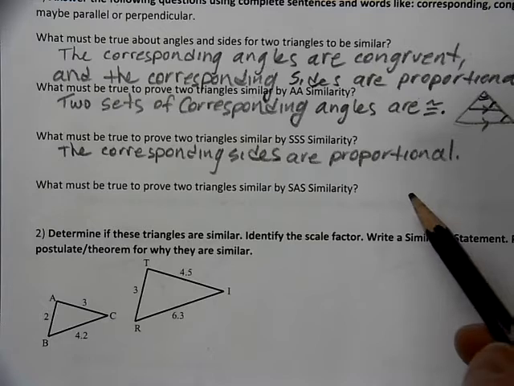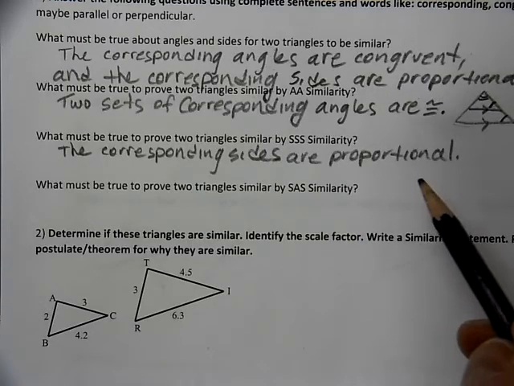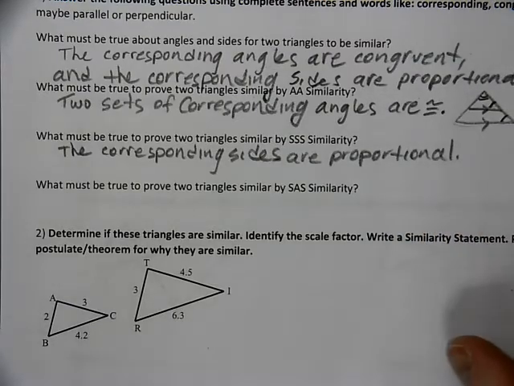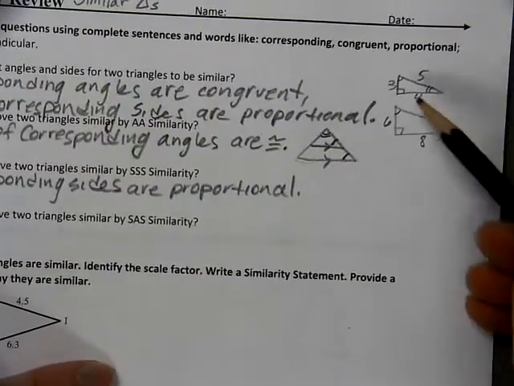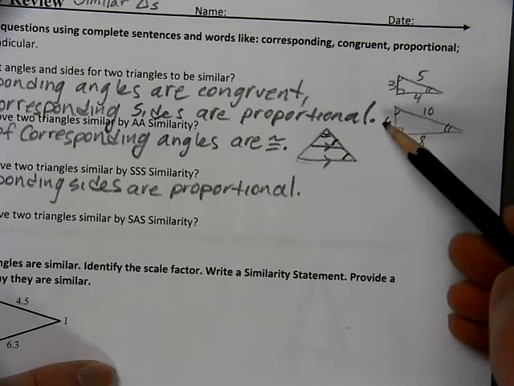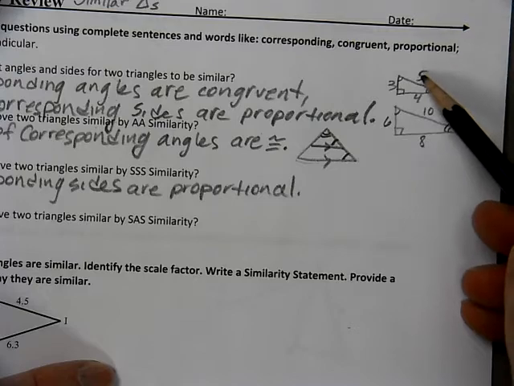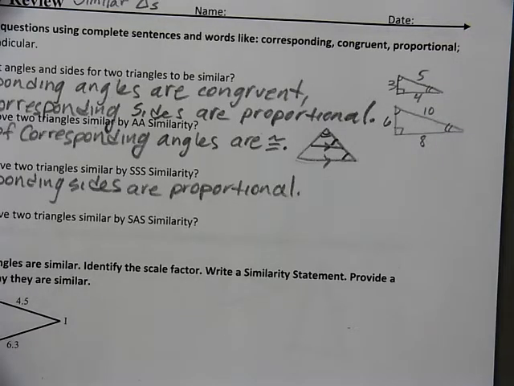So in this case, we're not looking at any angles whatsoever. We don't have any angle information. We're only noticing that the sides have a common scale factor. Kind of like my first picture I had up here, where the 3 was times 2 to get to the 6, the 4 was times 2 to get to the 8, the 5 was times 2 to get to the 10.